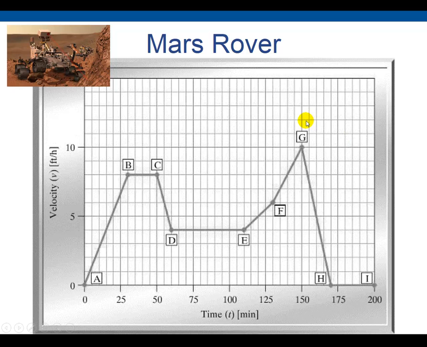So here we can see some examples. Mars rovers. Okay, this is a Mars rover. It's a kind of small vehicle that goes around on Mars to investigate certain sites. This is the velocity of the Mars rover, and this is time.